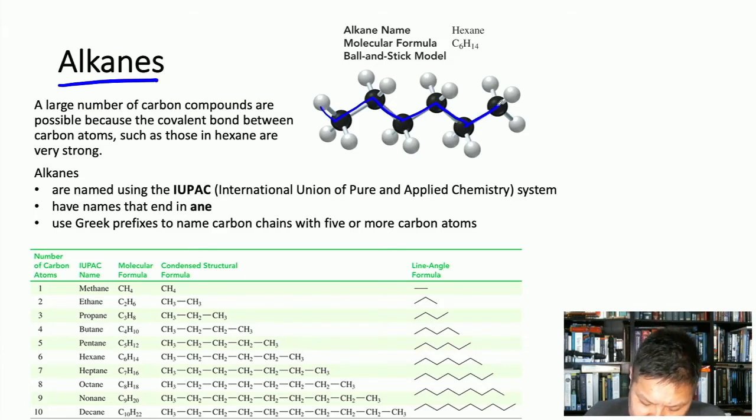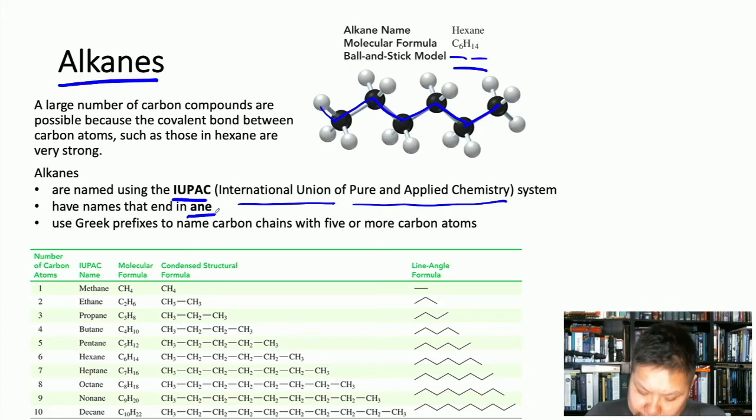And based on the IUPAC, which is the International Union of Pure and Applied Chemistry, if a molecule only contains carbons and hydrogens and only single bonds, it gets the suffix ane at the end.